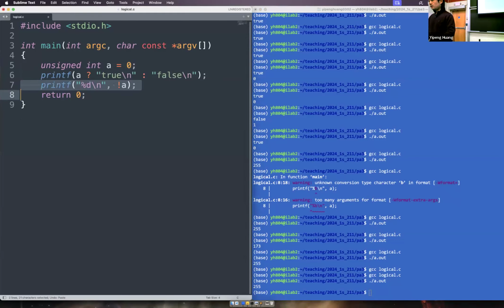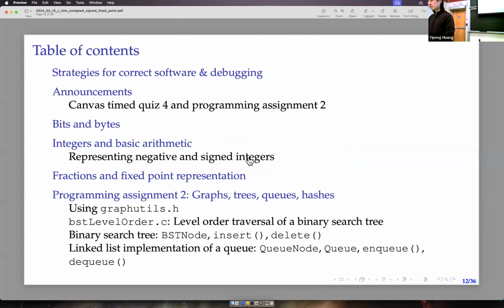Okay, let's rewind here. Any other closing comments about bits and bytes? That's good. This is good review for what we need to do next, which is integers and representing signed integers.